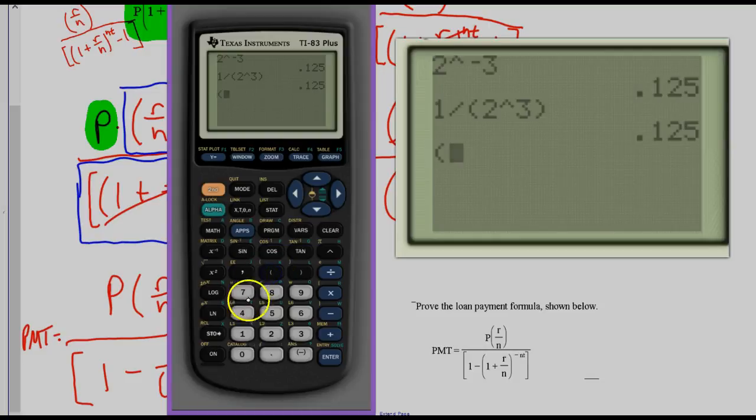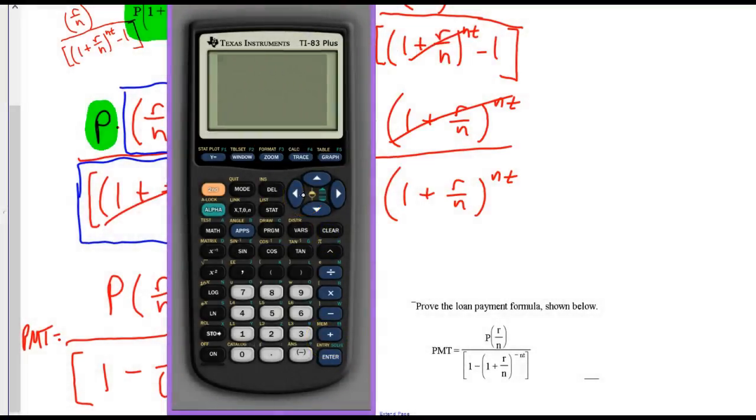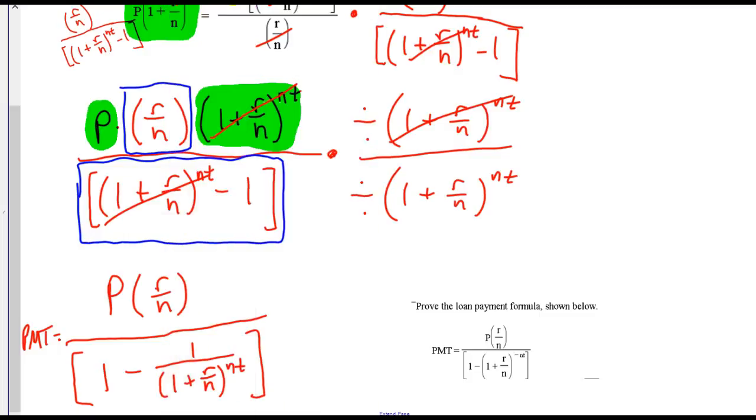So for instance, 5/8, if I raise that to the negative 1 power, that's what this button does on your calculator. 5/8 to the negative 1, that's that number. And if I started with 8/5, which is 5/8 flipped over, I get the same thing. So a negative power just means reciprocal, and then raise it to the positive power once it's flipped over.